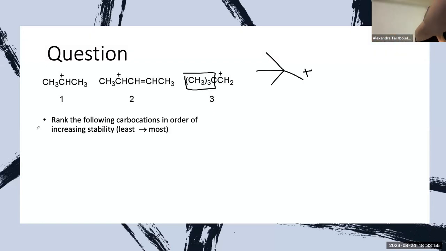So you are right in this. This is a tricky scenario, right? Because it looks like it is a carbocation that's tertiary, but it's actually on a primary carbon. So this number 3, this carbon right here, is actually a primary carbocation.